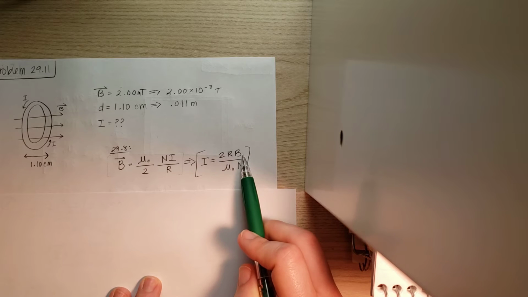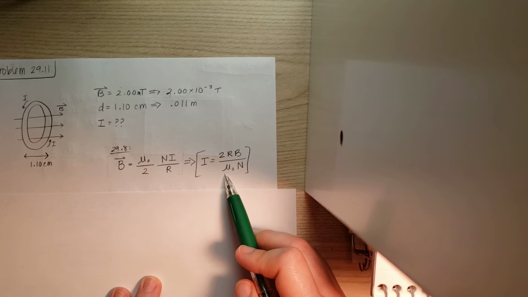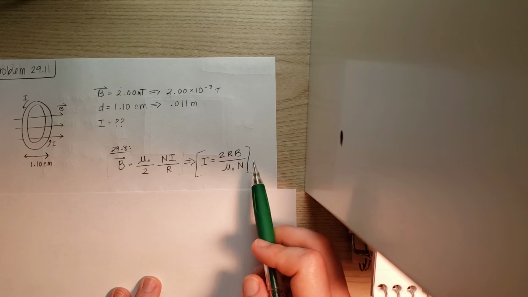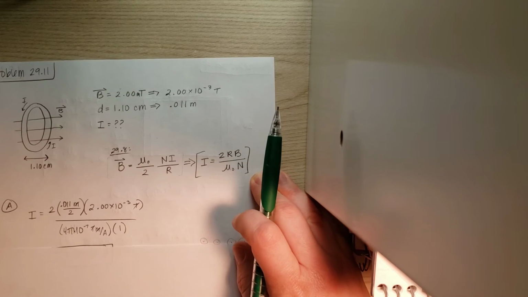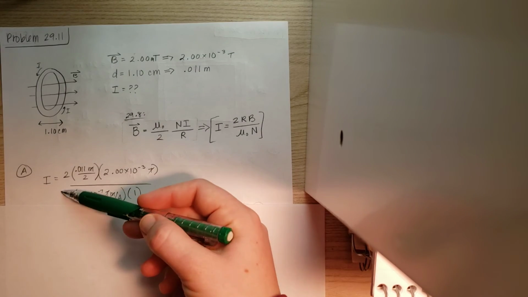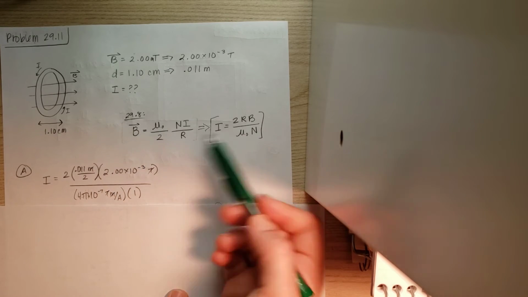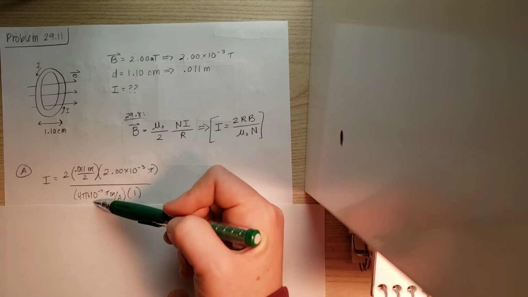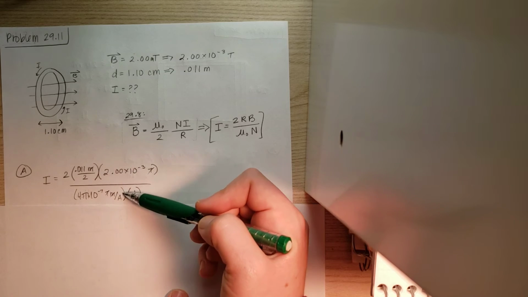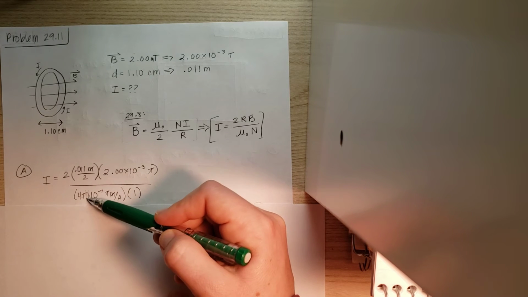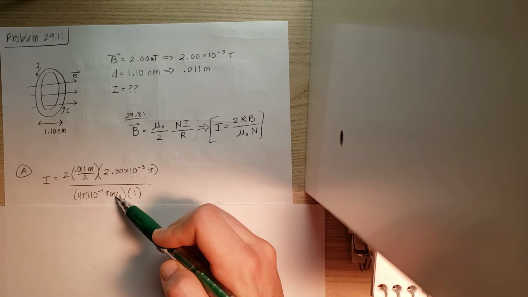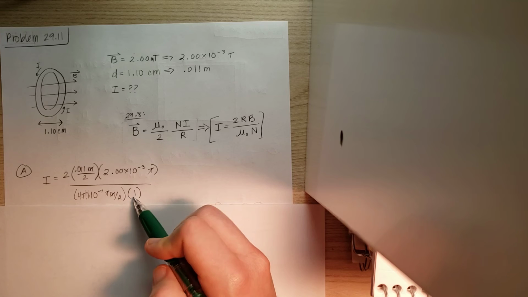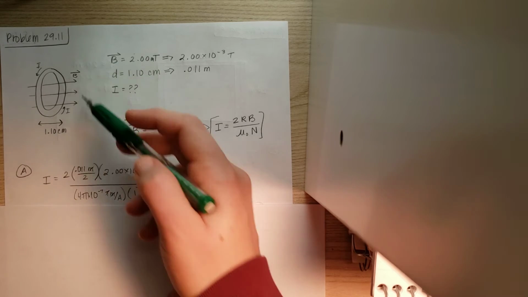So we're going to take 2 times R times the magnetic field and divide that by the permeability constant times the number of turns in the loop. So plugging that in, to find R we just need to divide our diameter by 2, and the permeability constant we know is equal to 4 pi times 10 to the negative 7 teslas times meters over amps, and then the number of turns is just 1.